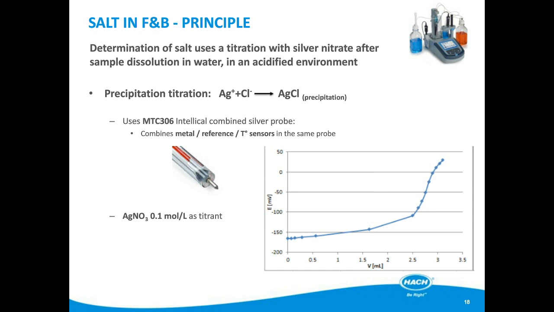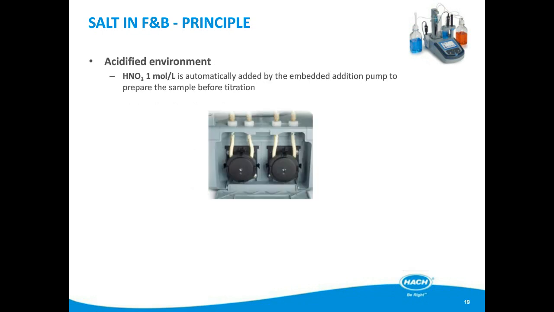We use silver nitrate as titrant to perform this titration. This titration must be performed in an acidified environment. So when a user wants to measure salt by titration, he has to manually add some acid, nitric acid, to the sample before starting the titration.